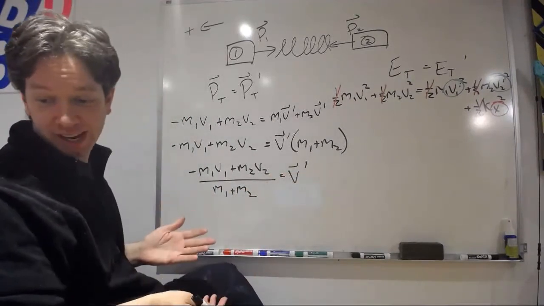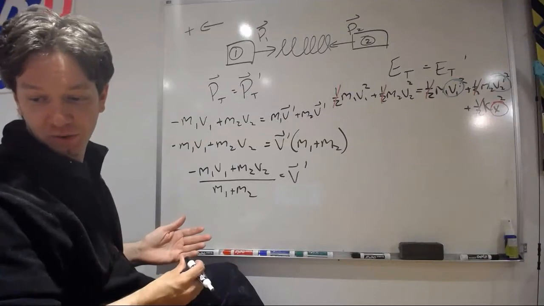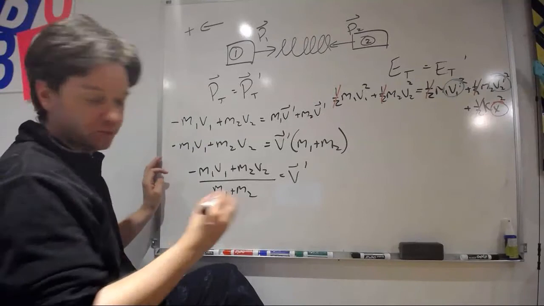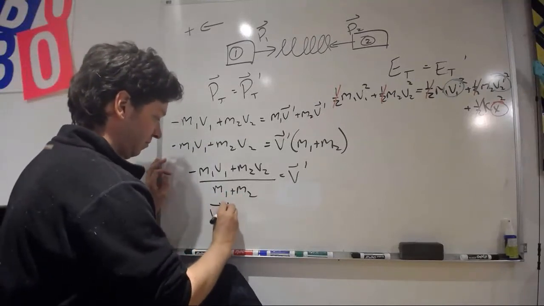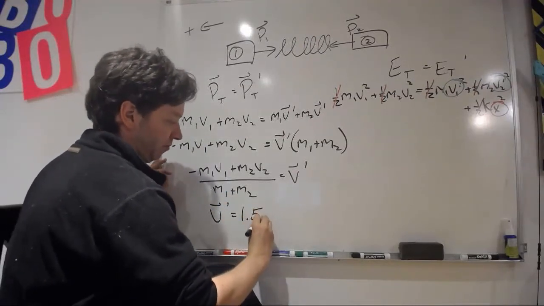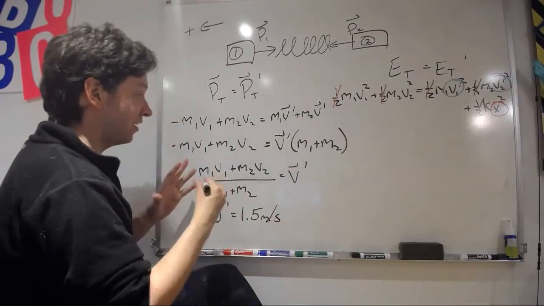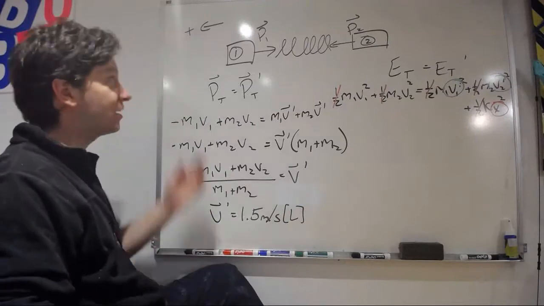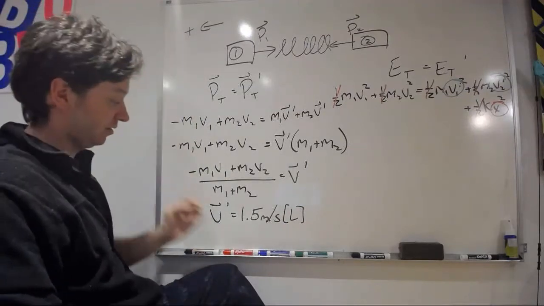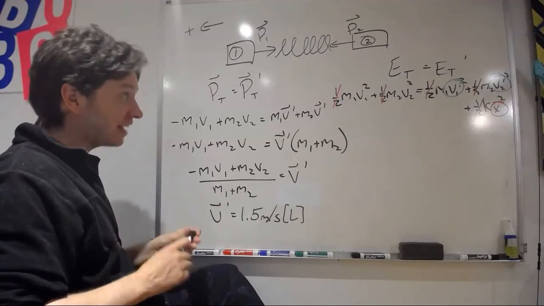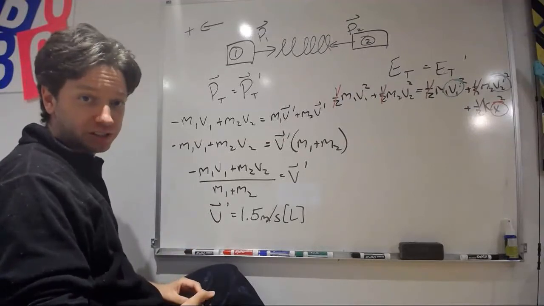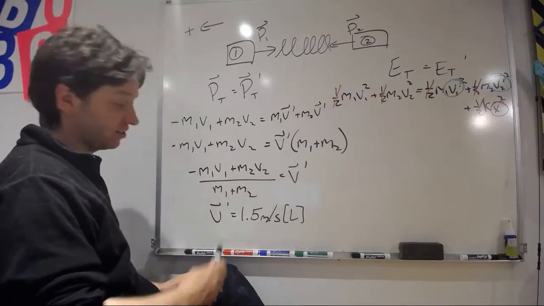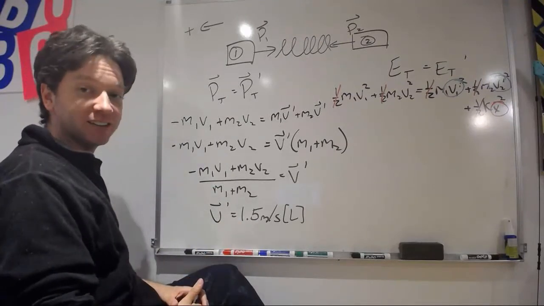And if you do that, you will get 1.5 meters per second. It's positive, and since we put all of our directions in left for positive, that's our coordinate system, that means that spring will reach maximum compression when both velocities of the carts are equal to 1.5 meters per second to the left.